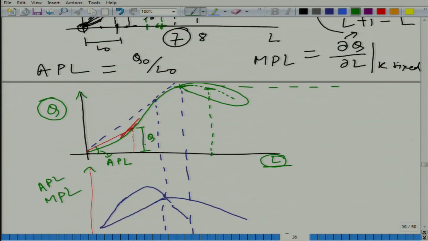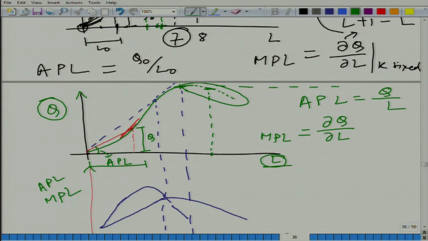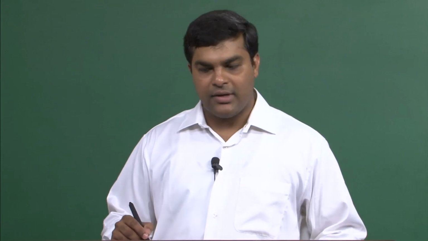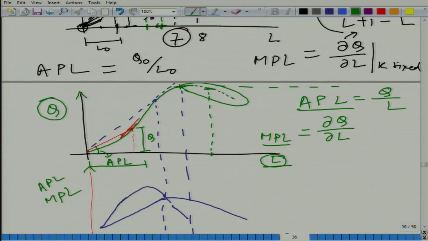Because this is Q at this point and this is L, and average product of labor is Q by L. But if we take the slope of this output curve at this point, then the slope is equal to the partial derivative of Q with respect to L, and this is nothing but the marginal product of labor. So, on this curve at any point, we can figure out APL as well as MPL, although here the process is reversed.